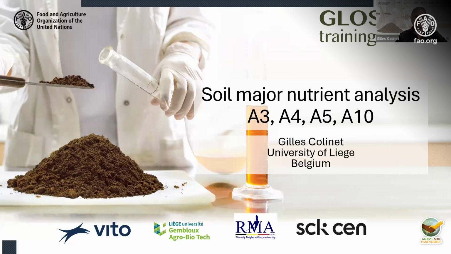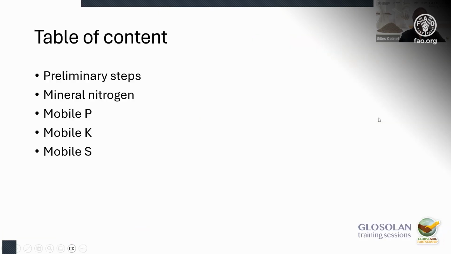I gathered these under the title of Soil Major Nutrient Analysis, because as we will see, we will speak about mineral nitrogen and about the forms that are called mobile P, mobile K, mobile S. In the literature, you find sometimes qualifiers such as available, assimilable, exchangeable, and so on.